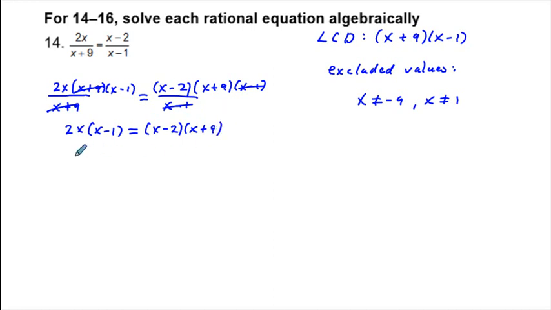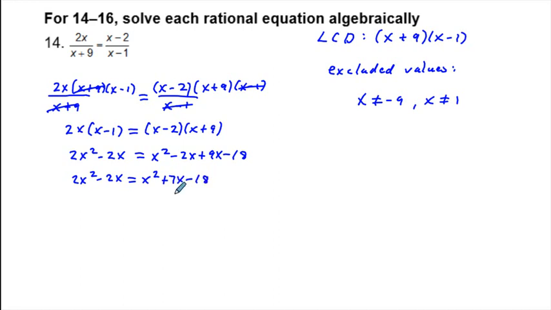And multiplying all these together, on the left side we get 2x squared minus 2x, and on the right side we have x squared, and we have minus 2x plus 9x. I'll just write it out. And we have 2x plus 9x, and we're going to have minus 18. And so just putting like terms together, we get 2x squared minus 2x equals x squared plus 7x minus 18.